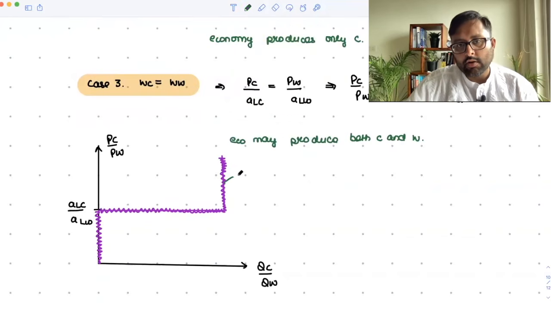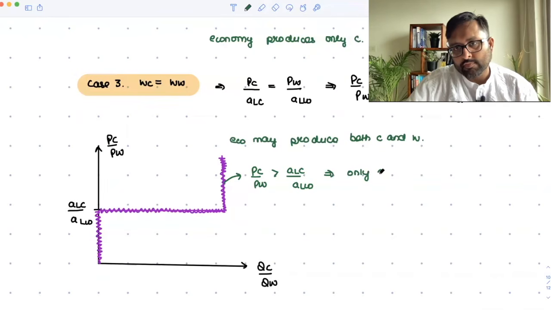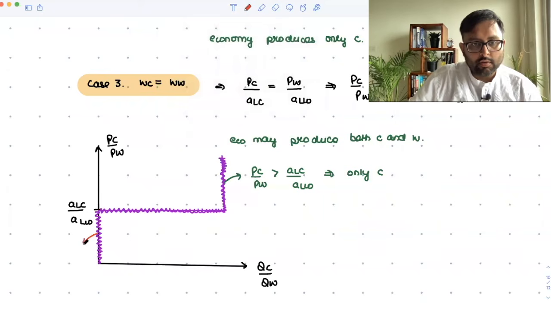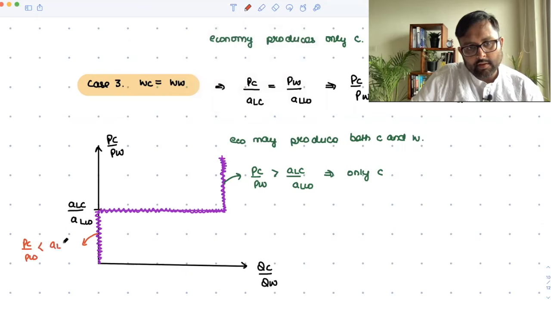So this case is what? PC by PW greater than ALC by ALW. Only cheese. This case is what? PC by PW less than ALC by ALW.